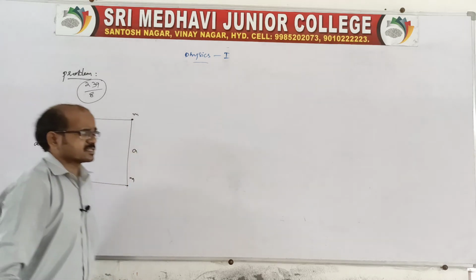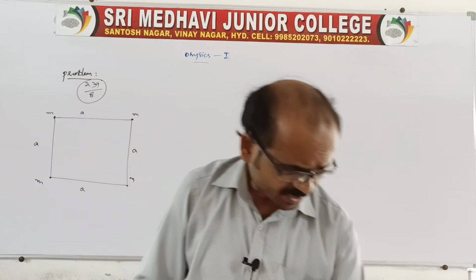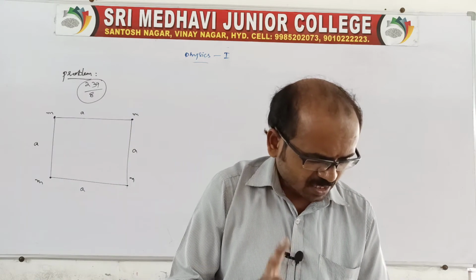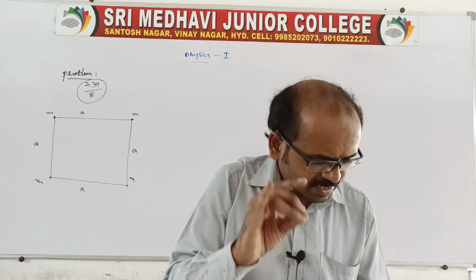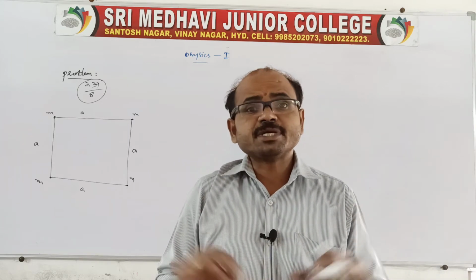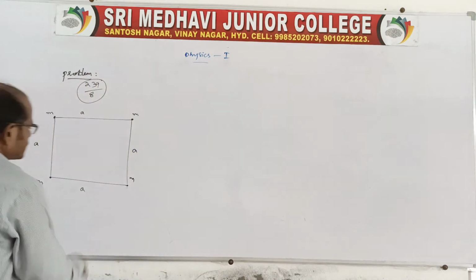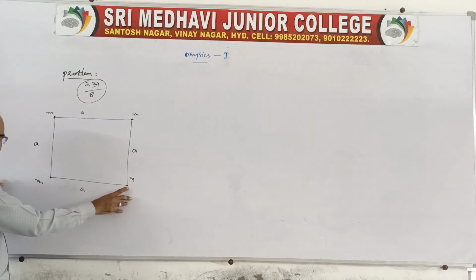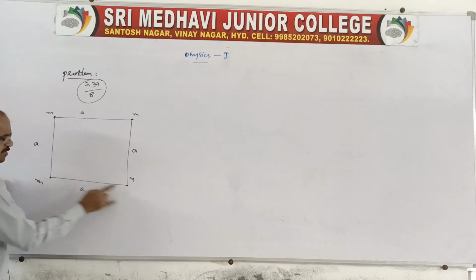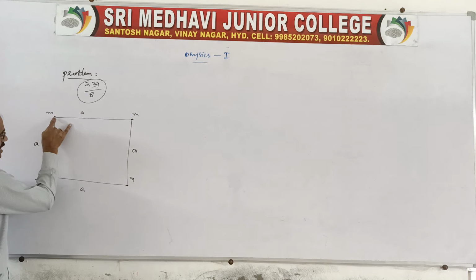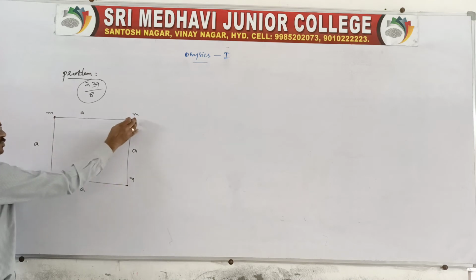It is asking to find the net force, the resultant force at one of the corners, the force exerted on one mass by the other masses. That means here the force is exerted by the other masses on one mass. Suppose you take this corner, there will be a force between these two, and a force between these two, and this also acts as a force like this. Sir, you want to calculate here?